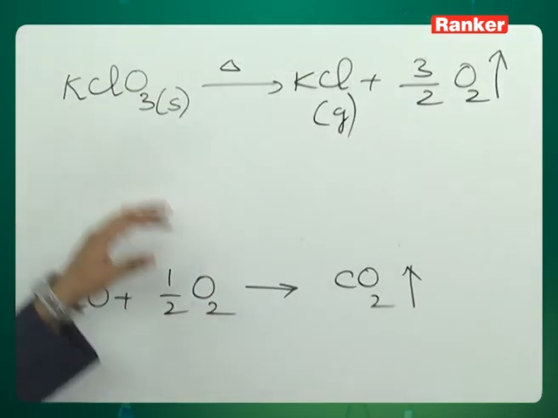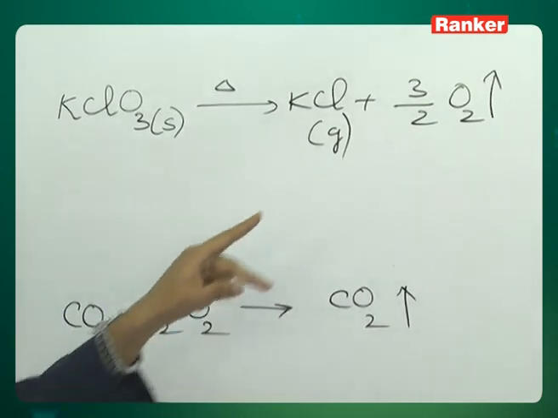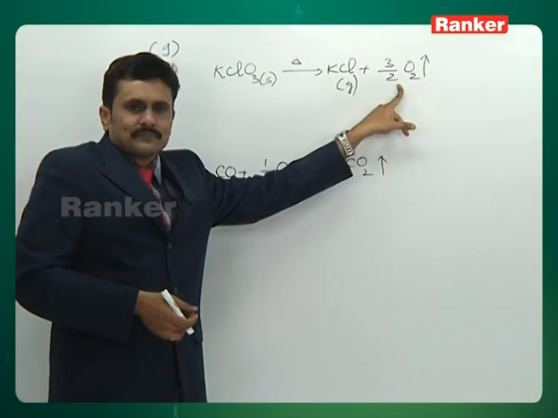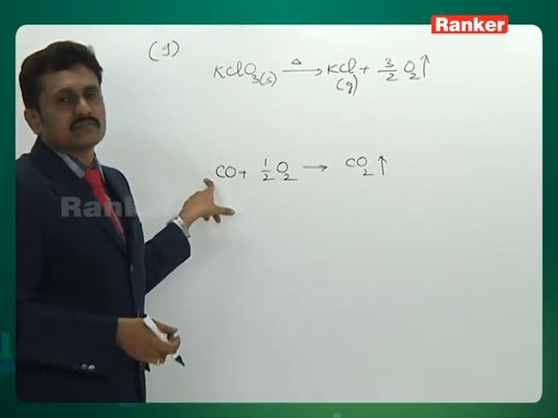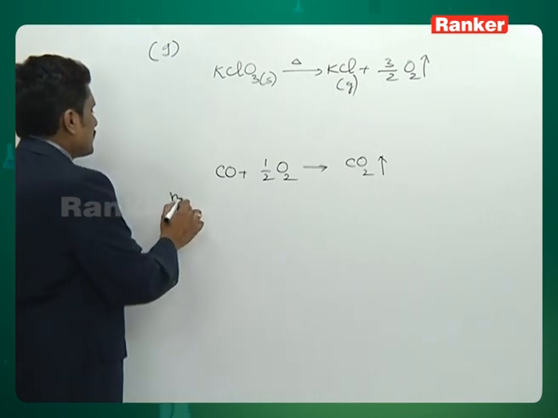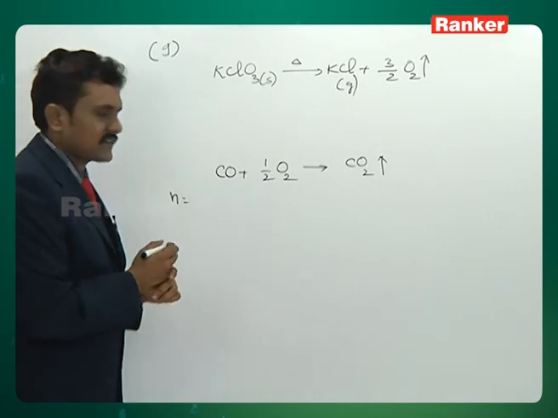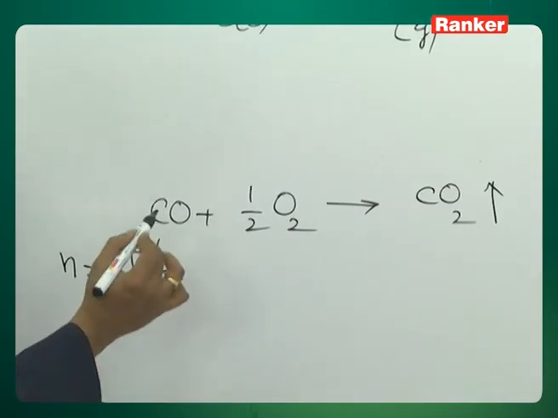So to get the weight of pure potassium chlorate, I have to link the substance which is present in both the reactions, which is nothing but oxygen. And to link up the oxygen, we need the information about the CO which has been provided to you. As we know, for an ideal gas the number of moles n is PV upon RT.